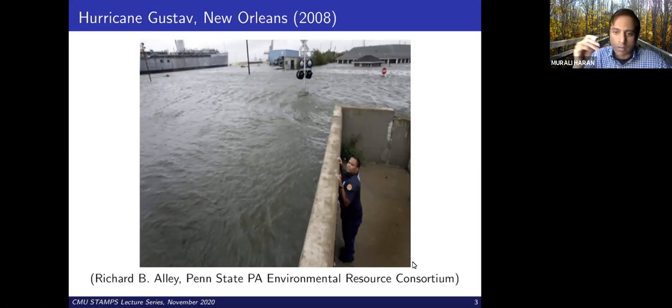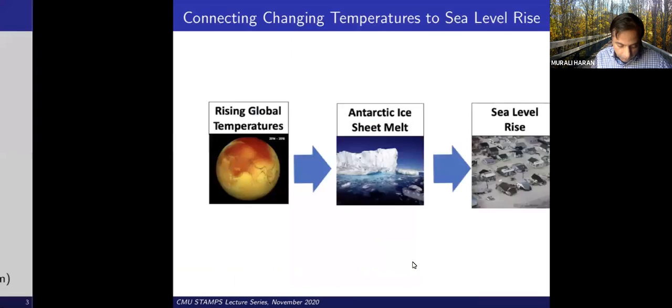So whatever protections you have, that this person in this picture is looking over at this menacing body of water coming here, those protections may or may not be adequate depending on what additional sea level rise you have to contend with when you have a storm surge. That's just one example of a major impact from the melting of the ice sheets.